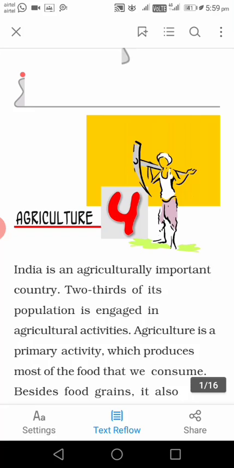It is a primary sector in the Indian economy where almost 50% people of India are dependent on agriculture directly.